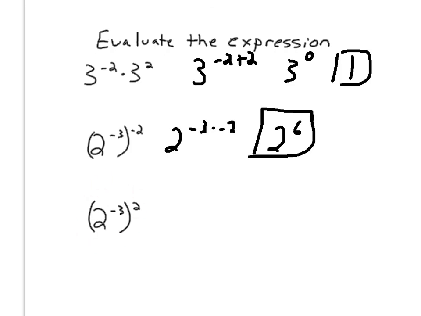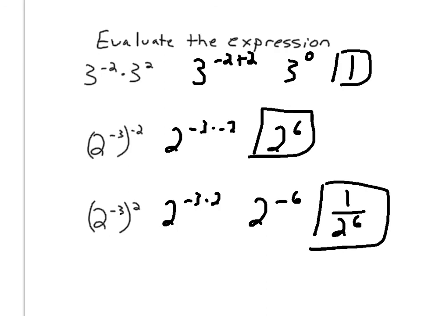Okay, now for this one, again, power of a power property. This is going to be 2 to the negative 3 times positive 2 power, which is 2 to the negative 6. And we cannot leave this with negative exponents, so I need to rewrite this as 1 over 2 to the 6 power.